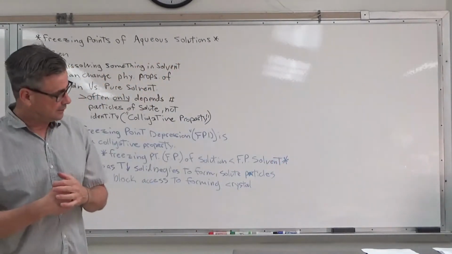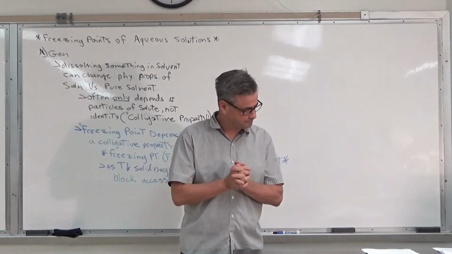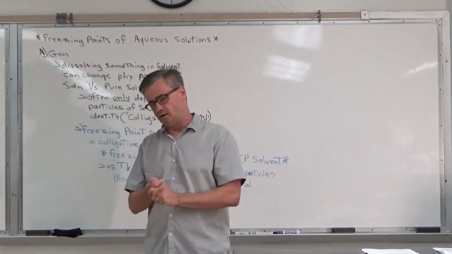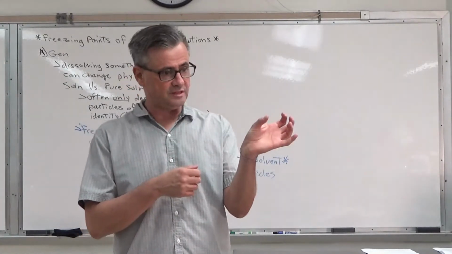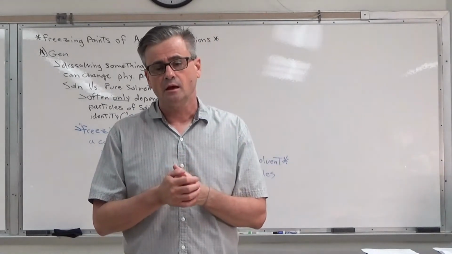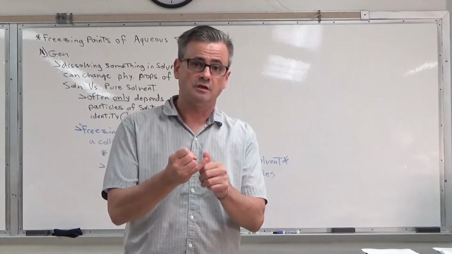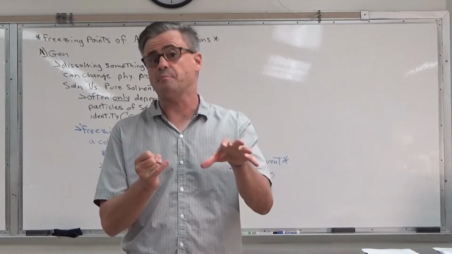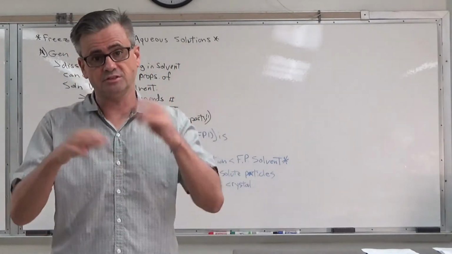So we're going to have an expression of what this change in temperature is, how much it is going to drop by. And that is going to be dependent on, first, the freezing point depression constant for that particular solvent. Then it's going to be dependent on the concentration of how much stuff you put in there.